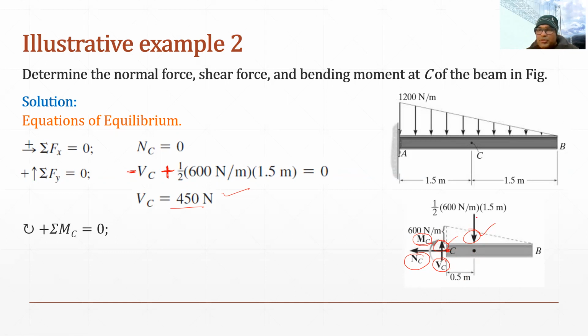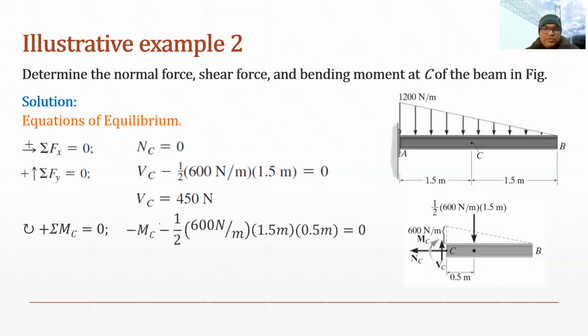The moment due to this point load is rotating like this, so it is negative because it is a clockwise moment. Clockwise moment here will be negative. And MC also, we have considered MC; you can see that the sense of MC is also clockwise. So we will take both of these moments as negative.